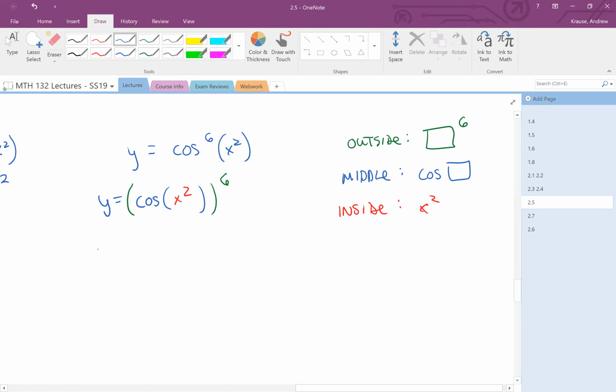Okay. So then when we take the derivative of this, first we're going to take the derivative of the 6th power, which we bring down the 6, lower the power of the 6 to a 5. Then we leave the inside function the same. I'm going to write the stuff that we're leaving the same in gray.